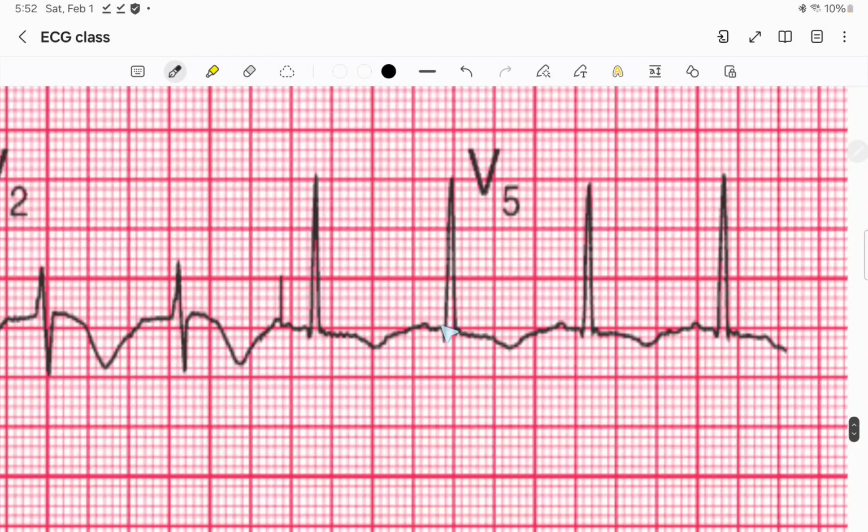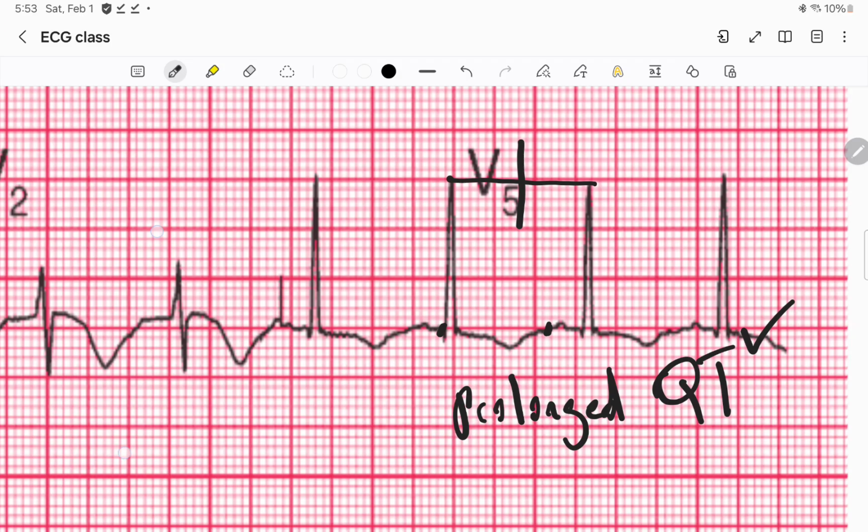The QT would be from here to about here, and the RR is from there to there, and this would be half the RR. We can see that the QT is quite long compared to half the RR, and so without even doing a measurement, we can estimate that this patient has a prolonged QT.